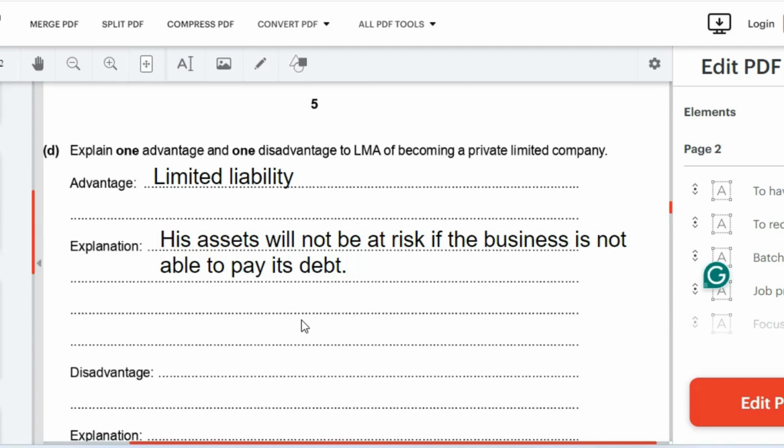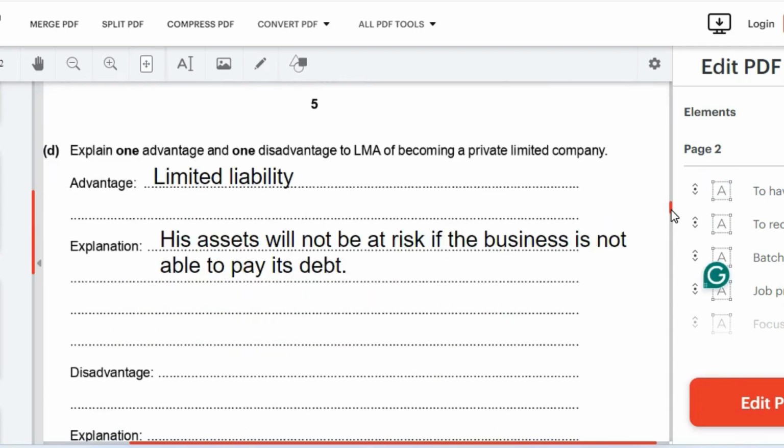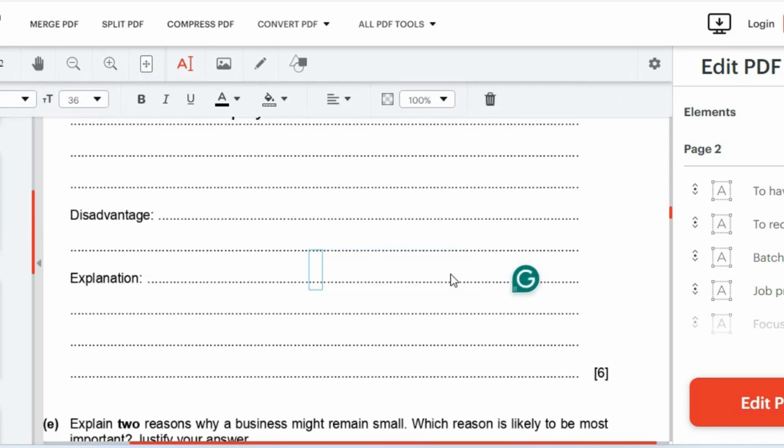Now let us choose one disadvantage. Also, disadvantages of becoming a private limited company to LMA. Changing to a private limited company might be time consuming. That is one of the disadvantages of changing to a private limited company.